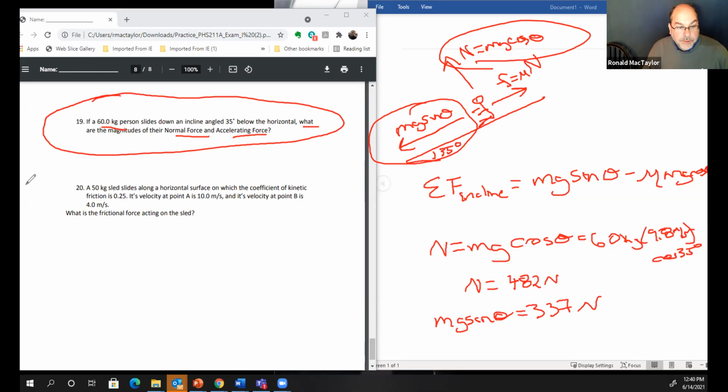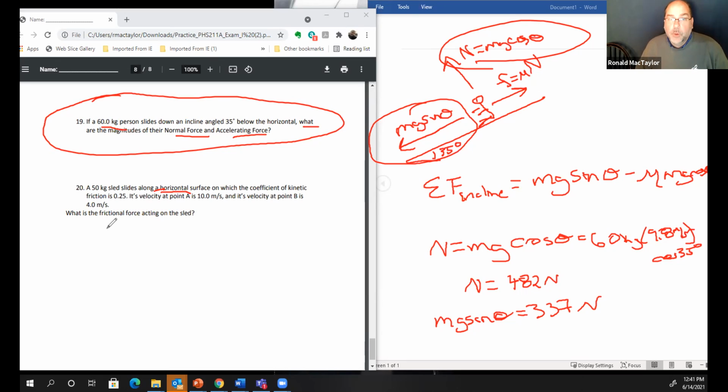Same kind of process here on number 20? Nope, it's not. Different process because it's a sled on a horizontal surface. So that's a totally different question. Again, there's a lot of information there. It's a sled and it's got a velocity and something else, and some of that information is irrelevant to the question being asked.